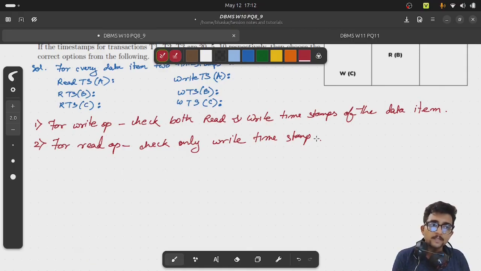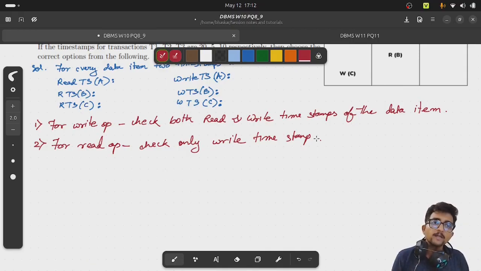is whether there is some other transaction which is younger than me and which has already written into that data item. Right. So when I'm trying to execute a read operation, I need to be careful about whether, due to interleaving, some younger transaction has come and already written into the data item.